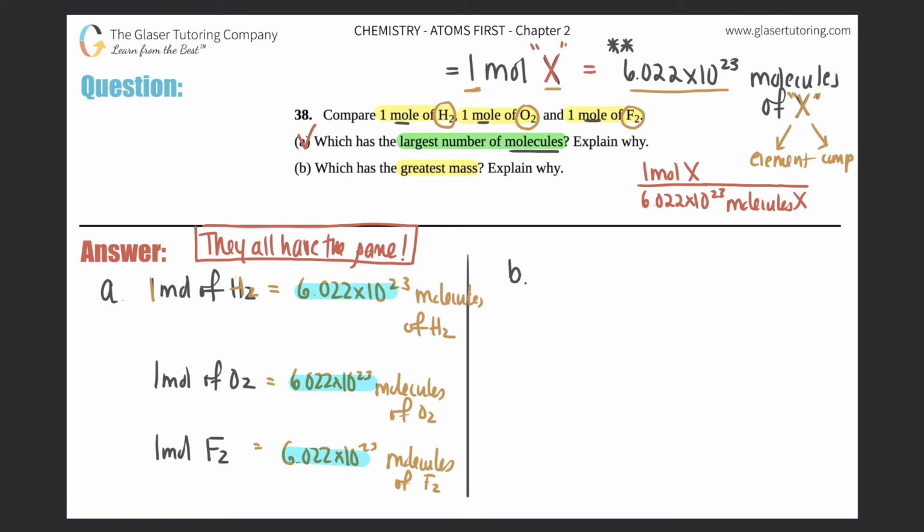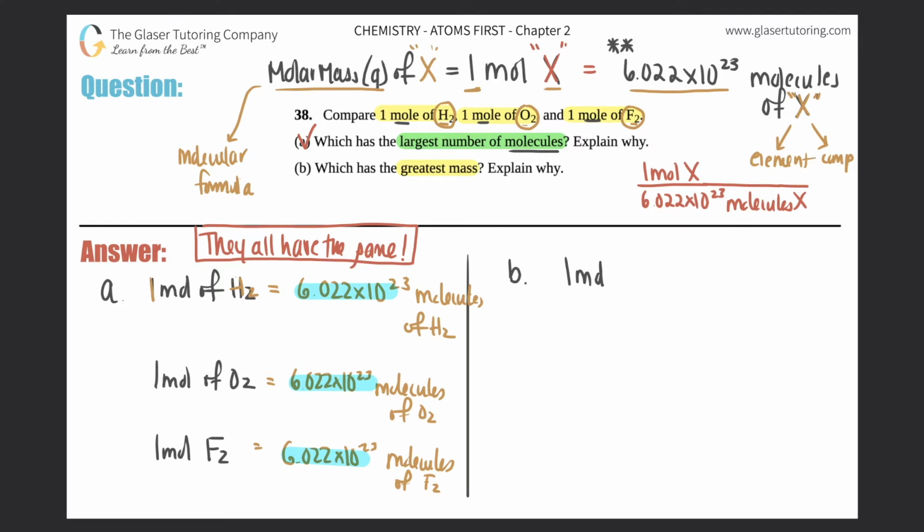So 1 mole of anything equals 6.022 times 10 to the 23rd molecules, but it also equals the molar mass in grams of that compound or element X. And remember, molar mass comes from the molecular formula, the formula that is given. And in all of these, they gave you the formula. They gave you H2, O2, and F2. So I'm going to list these out.